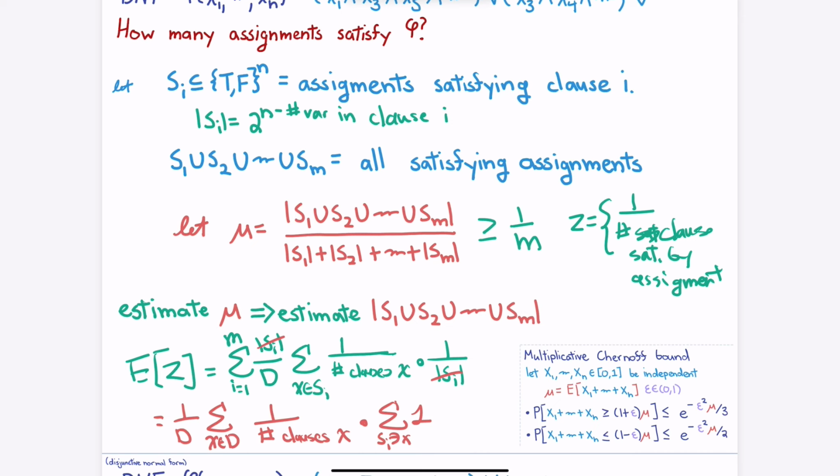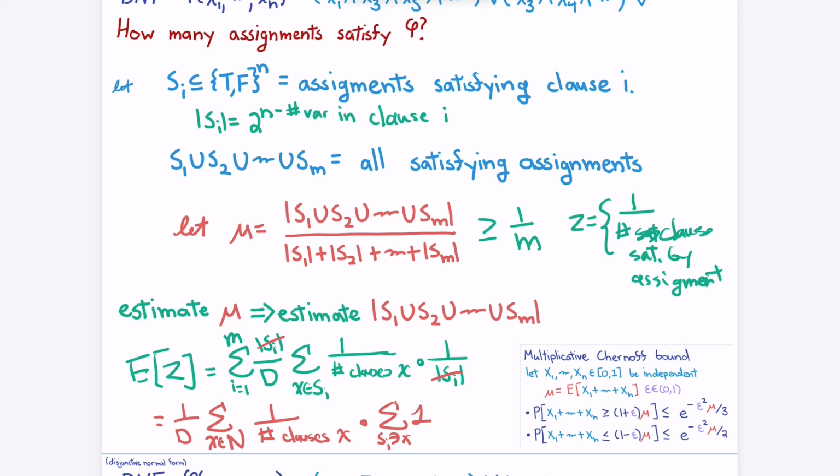I'll write x in n for the numerator. Now we see that every single thing in the numerator is one satisfying assignment, because only those appear down here.